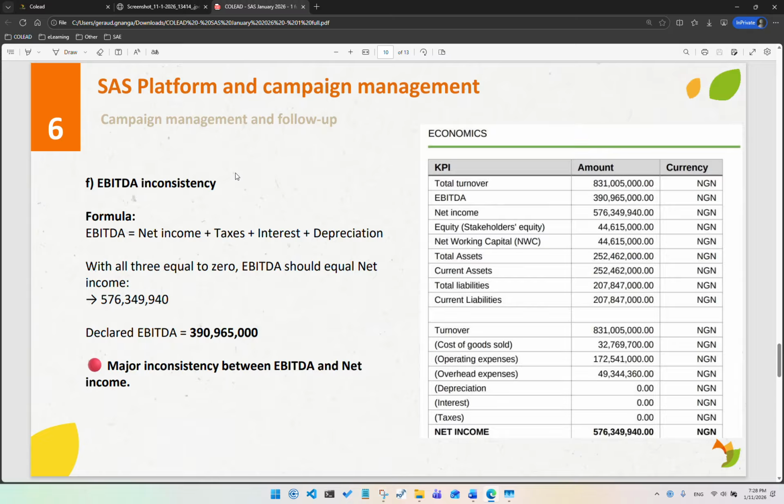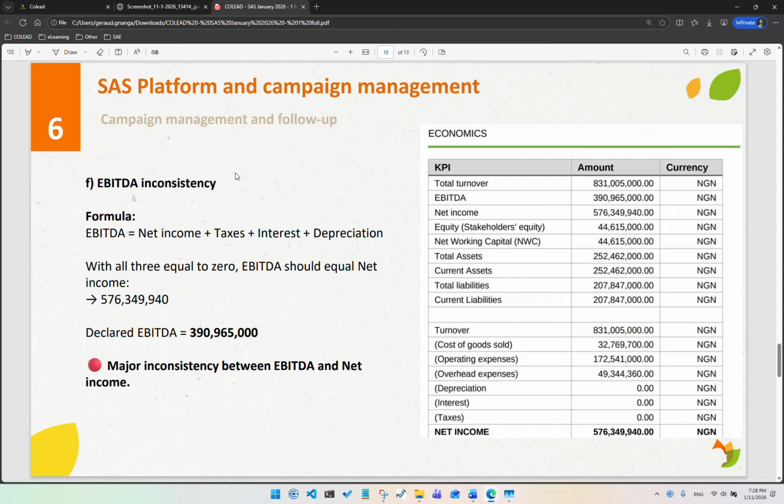Since all three items are declared as zero, EBITDA should be equal to net income.